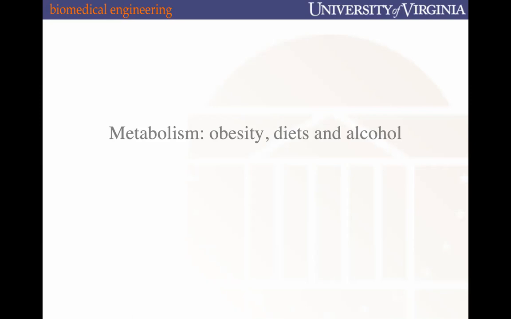There are a lot of different elements of metabolism. We're going to try and tackle each large umbrella that falls under metabolism and talk about it within the context of obesity, different diets, as well as alcohol metabolism.